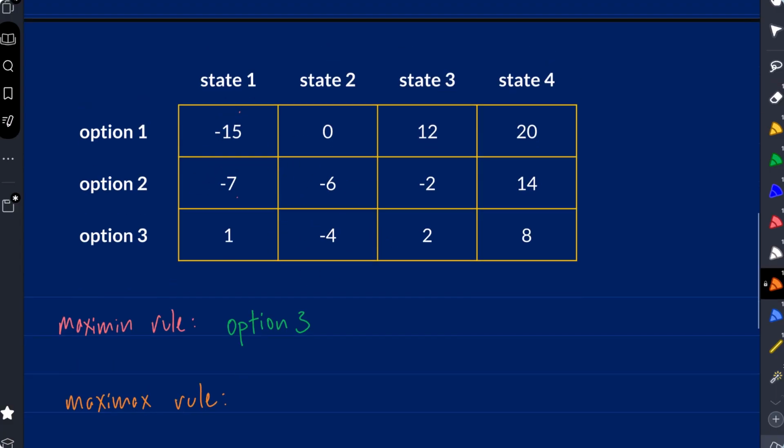Now, if you're following the maxi-max rule, you identify the highest valued outcome for each option. So that's going to be 20, 14, and 8. And we pick the option that's associated with the highest of those highest outcomes. So that's going to be option 1.